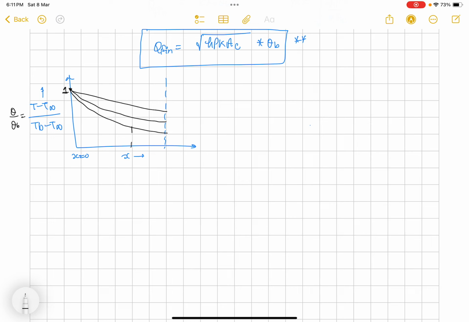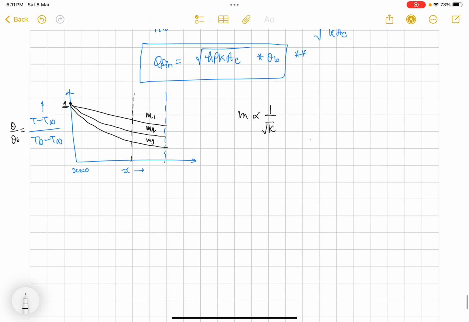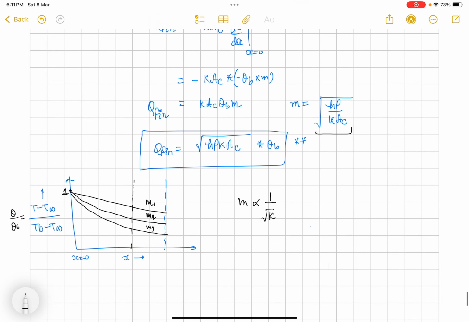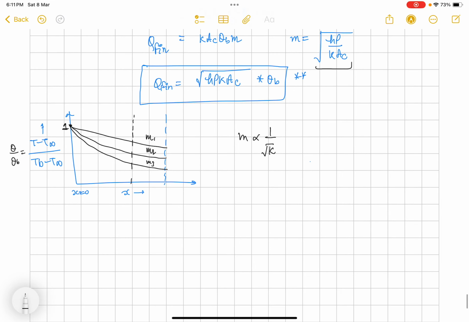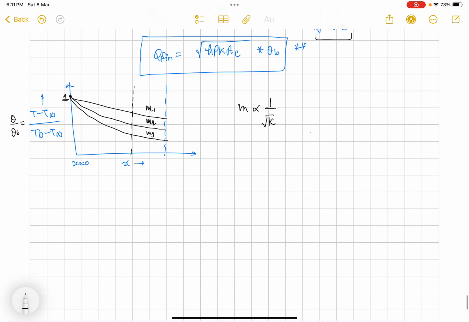So if we cut at any location x, m, let's say m1, m2, m3. So m is related to the thermal conductivity, right? If all other things are constant, for a given material fin, for a given environmental condition, and for a given fin geometry, m will be dependent on thermal conductivity. If the thermal conductivity of the fin is low, m will be higher.